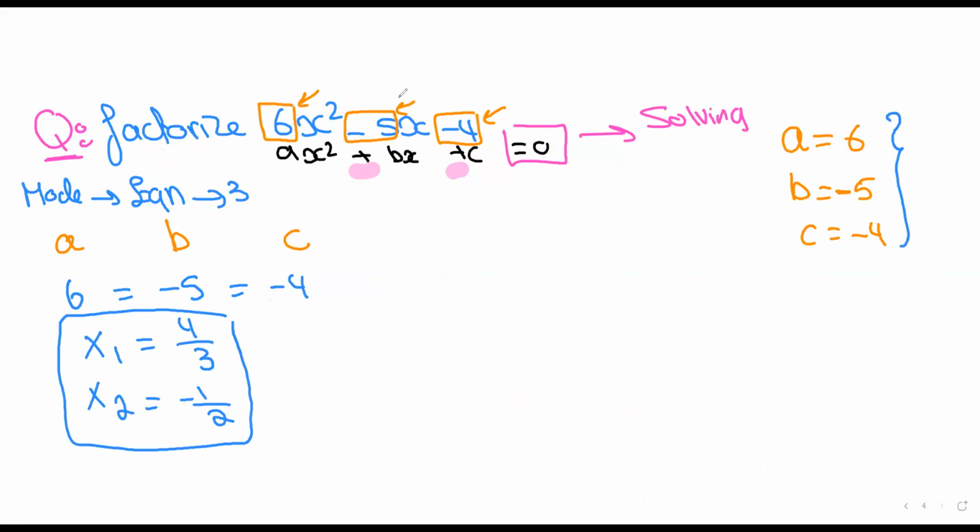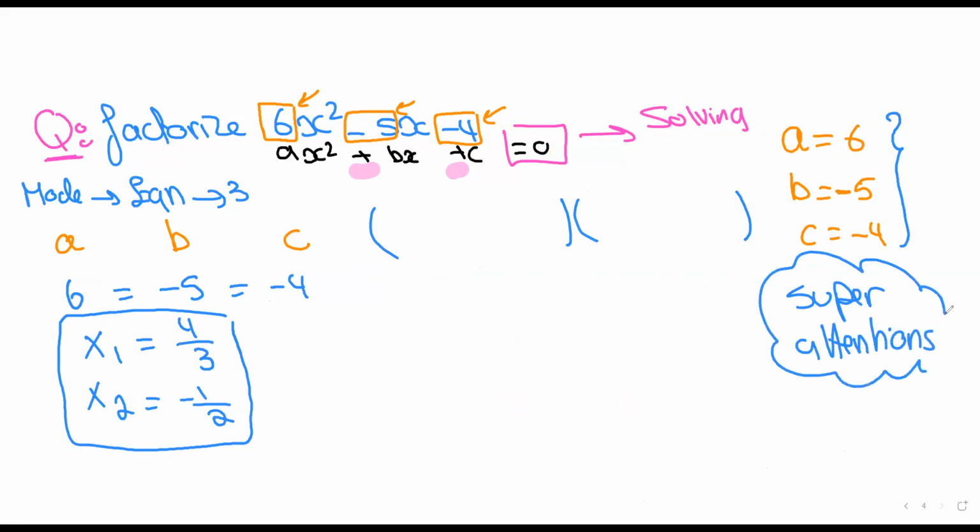What do you do if you get fractions from your calculator? Please pay super attention. Okay? If you get fractions from your calculator, for example x1 equals 4/3 and x2 equals -12, in all cases you must change the signs.